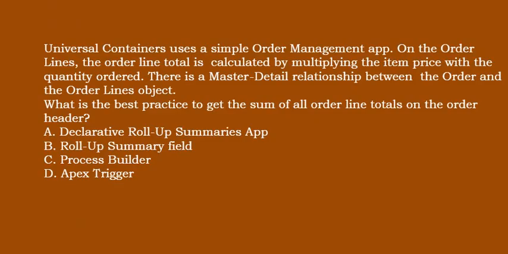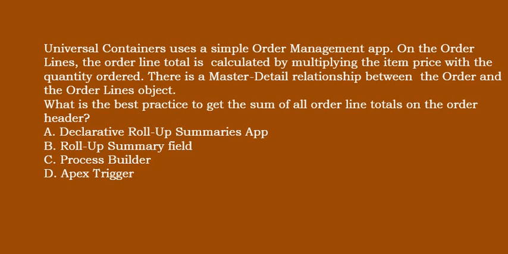Next question is Universal Containers uses a simple order management app. On the order lines, the order line total is calculated by multiplying the item price with the quantity ordered. There is a master detail relationship between the order and the order lines object.